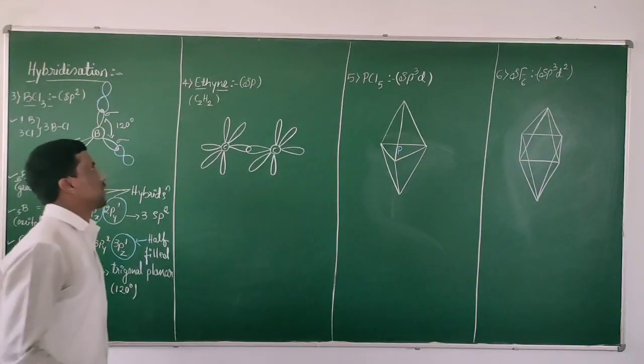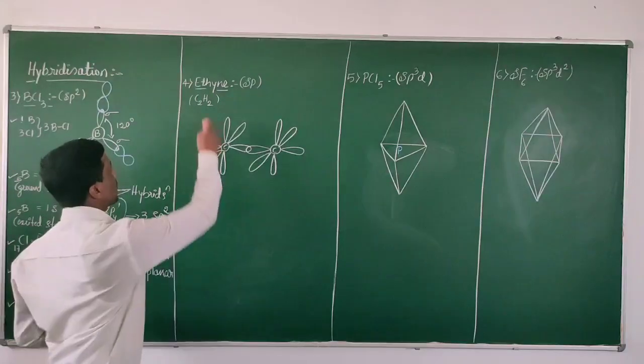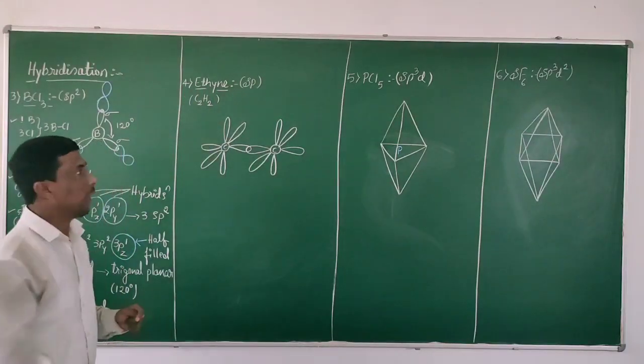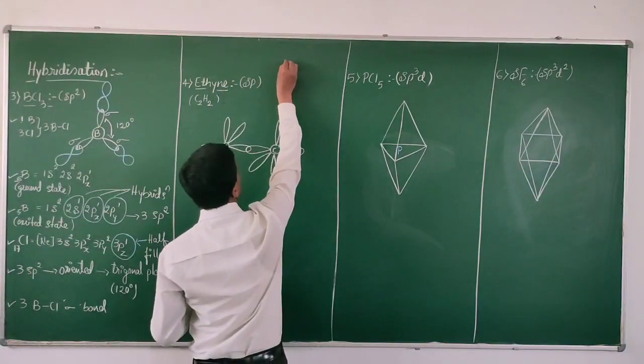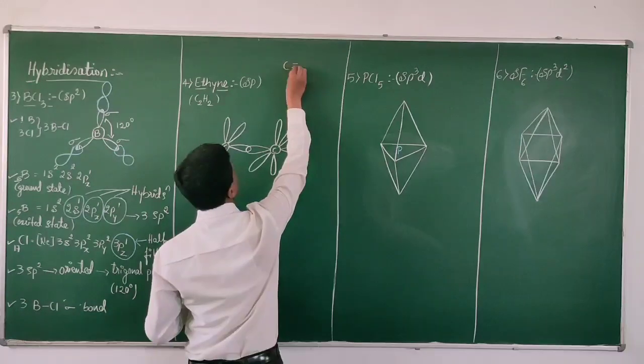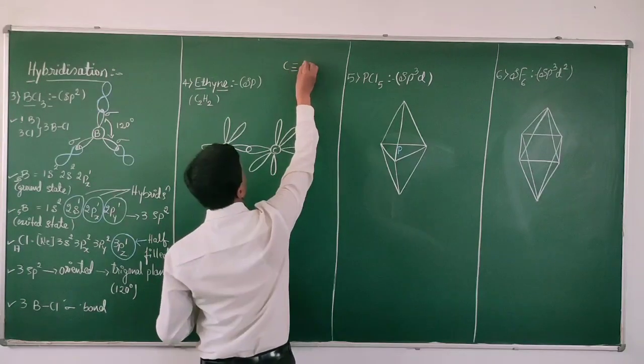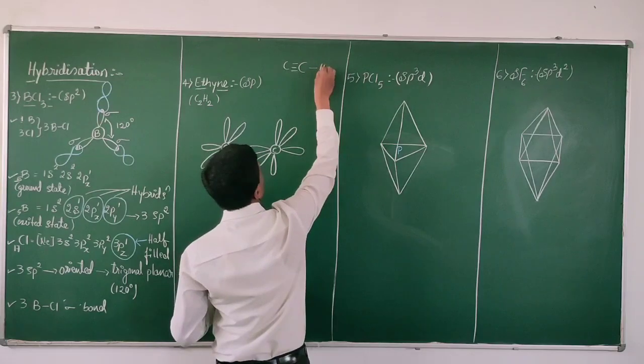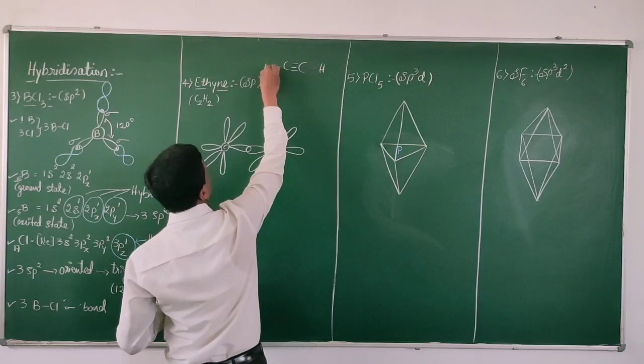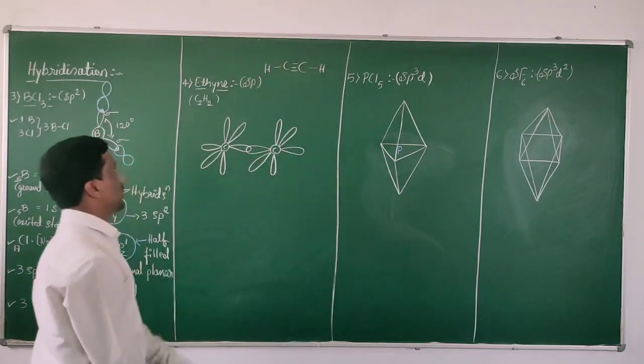Okay, next we move towards the ethyne molecule. You all know that ethyne has a carbon-carbon triple bond and 2 hydrogen atoms.